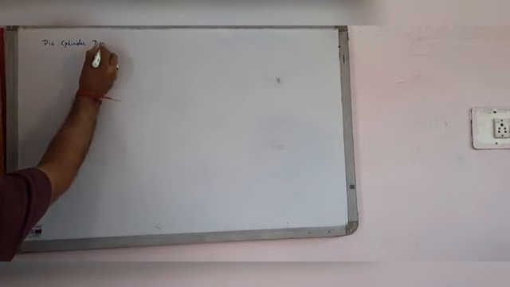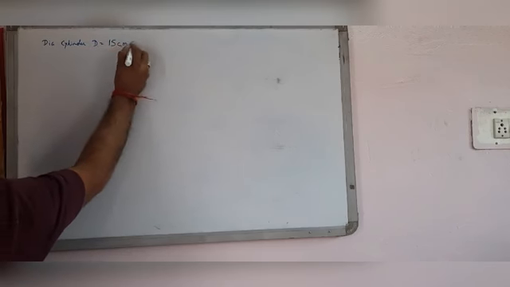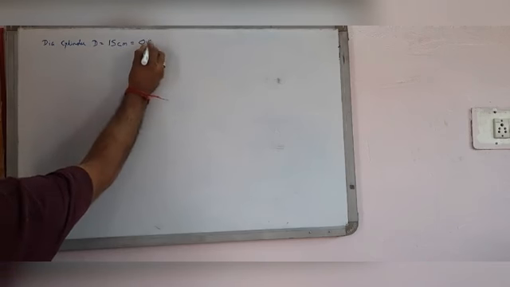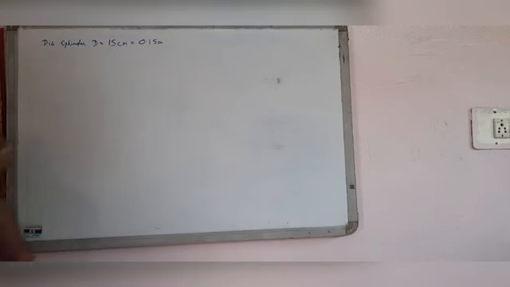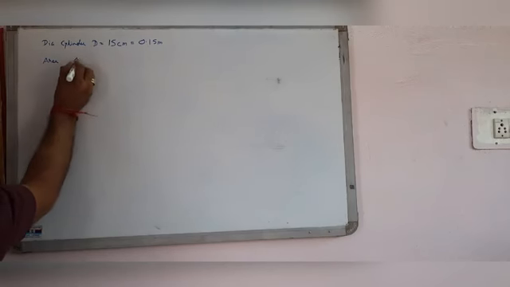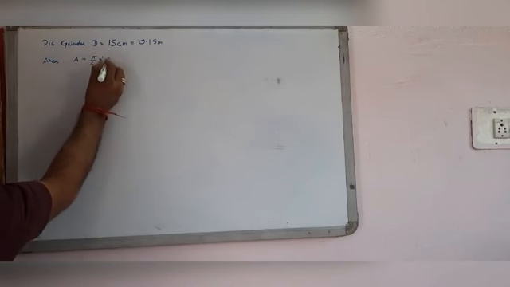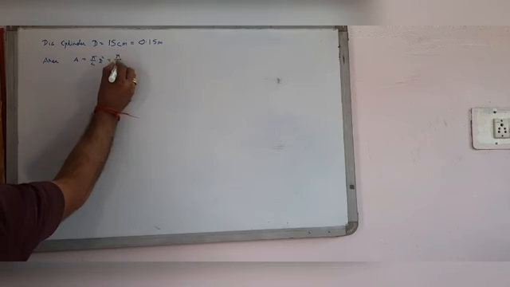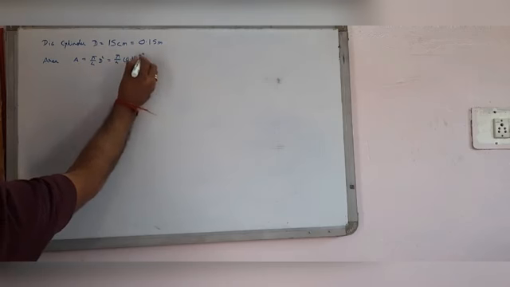is given as 15 centimeter, 0.15 meter. So area equal to pi by 4 d square, pi by 4 into 0.15 square.